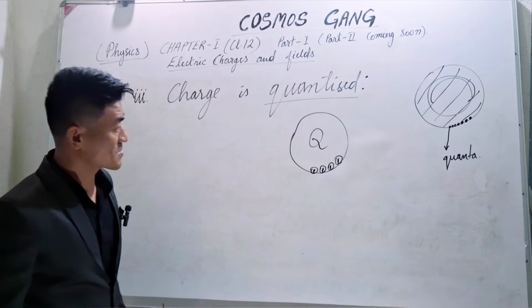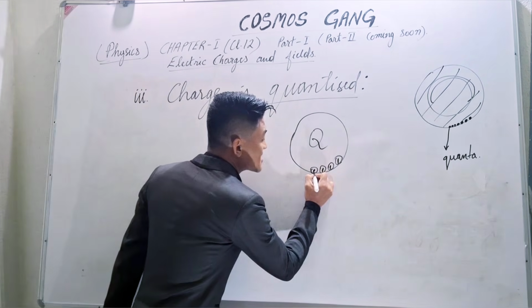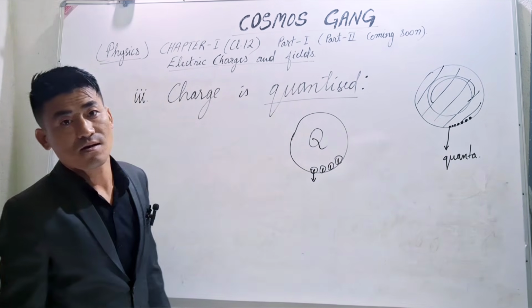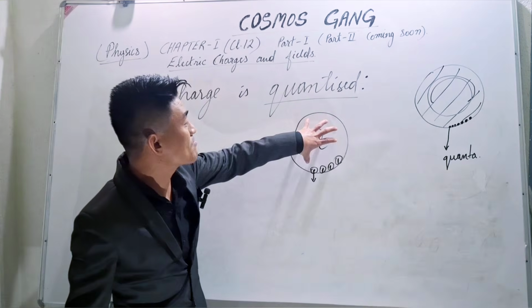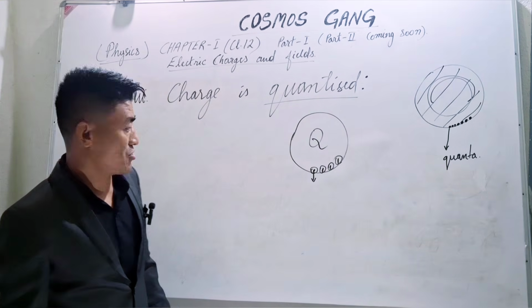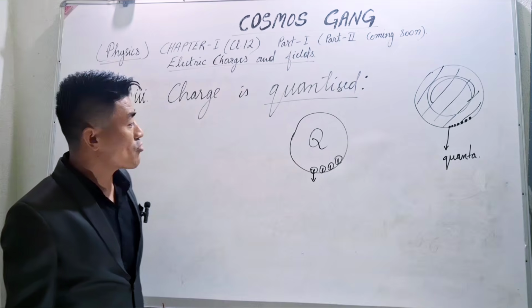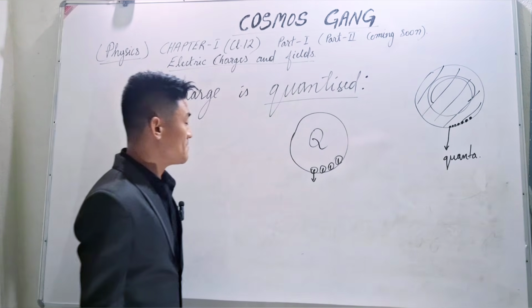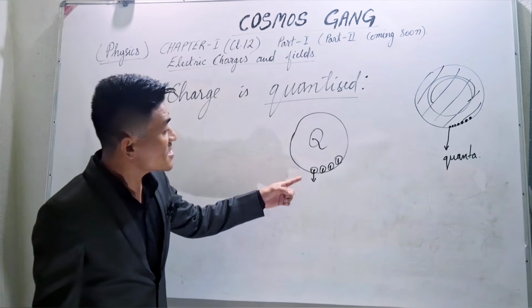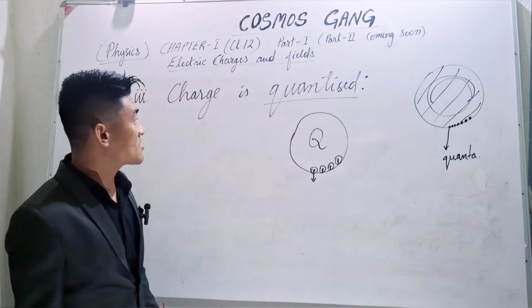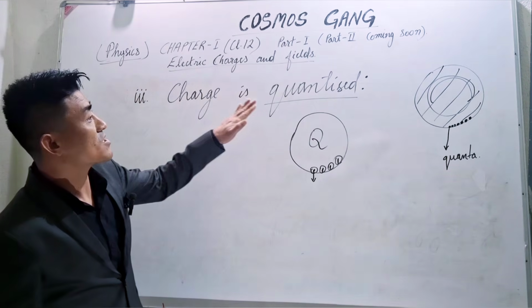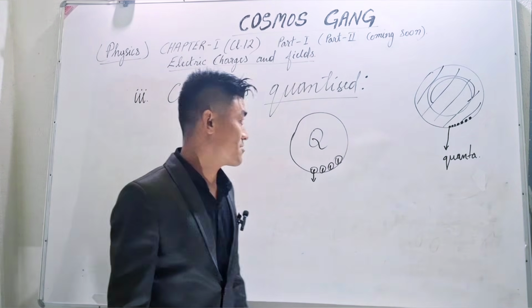Since these electrons are the smallest particles that build up the whole charge, the electron is called its quanta. Thus, since it has a smallest quantity, charge is quantized by nature.